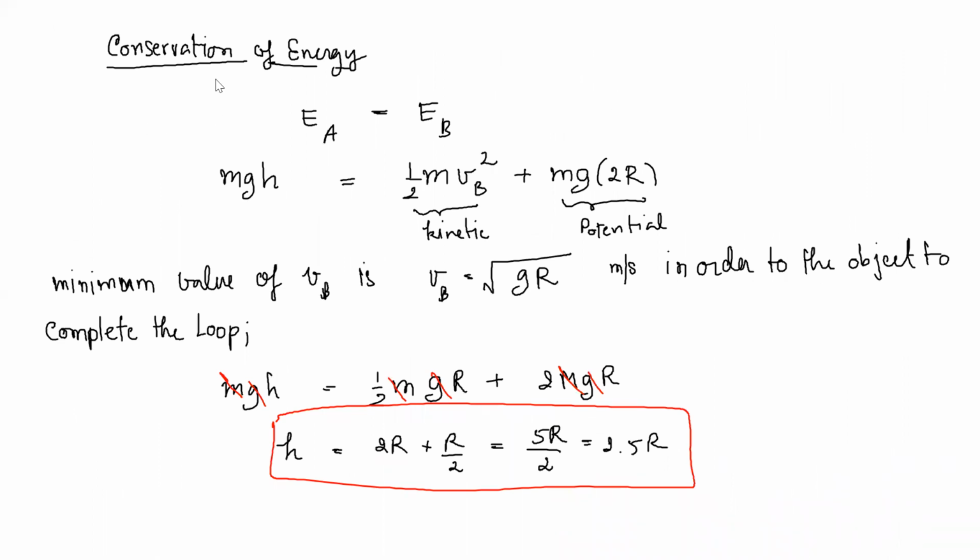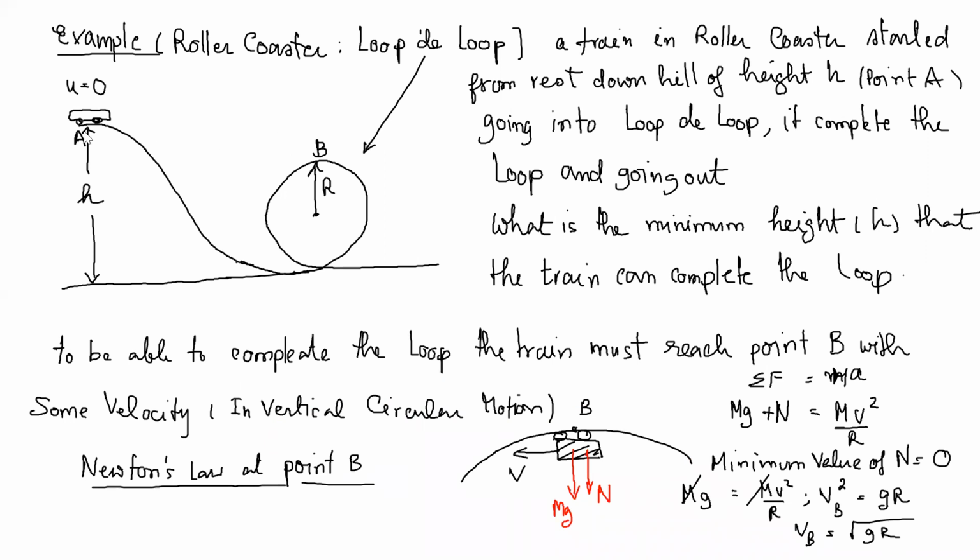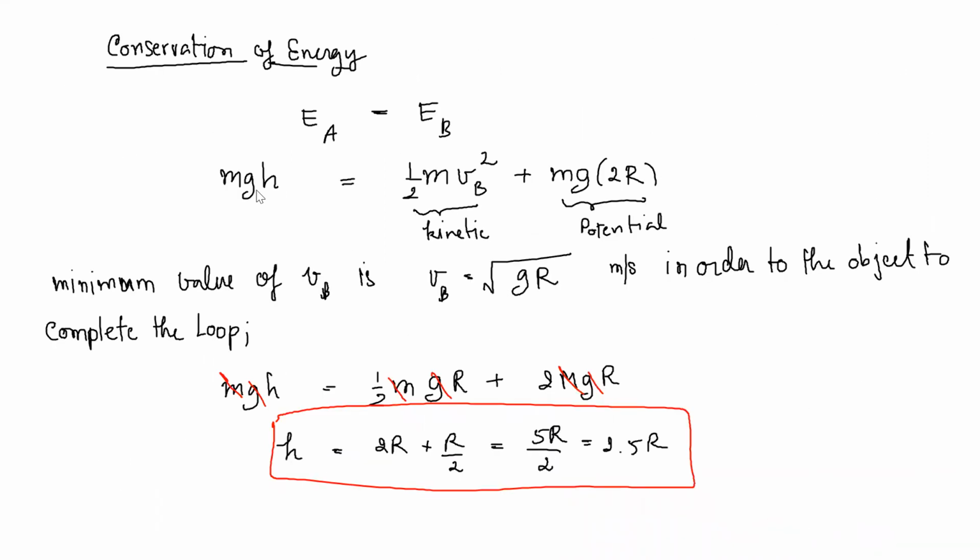So by using conservation of energy, the energy at point A, on top of the hill, is mgh without any initial velocity. At point B, you have 1/2 m v_B squared kinetic energy plus mg times 2r as potential energy.